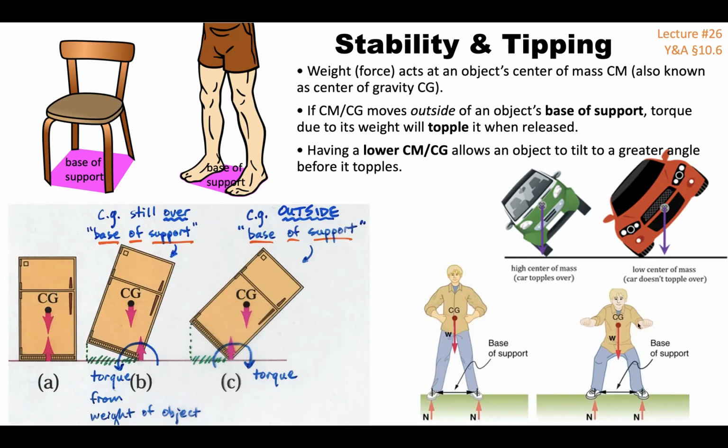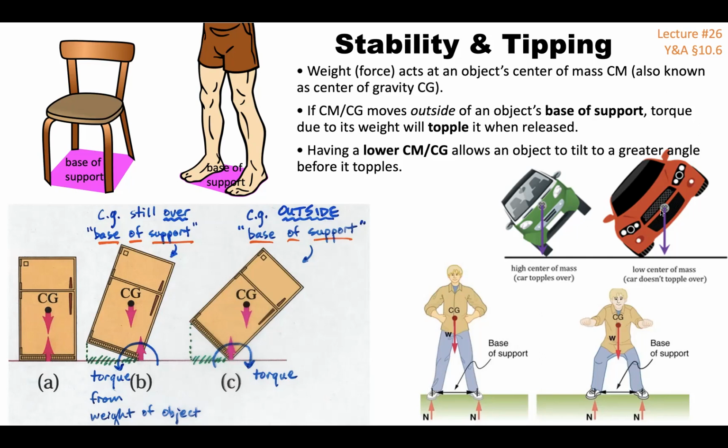That's why a person down in a crouch has a lower center of gravity than a person standing all the way up, and it makes it harder for the crouching person to be tipped over. The person standing all the way up only has to be tipped by a few degrees and their center of gravity will go outside their base of support, and then when released, they'll fall over. But the crouching person would have to tip by more degrees to get that same thing to happen.